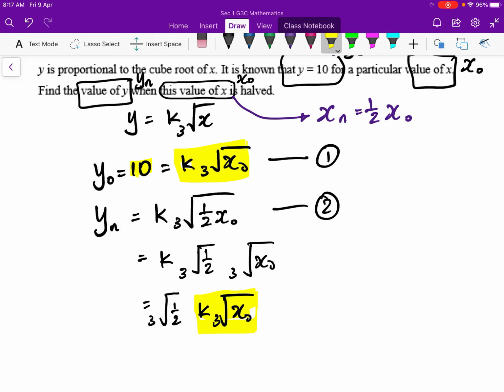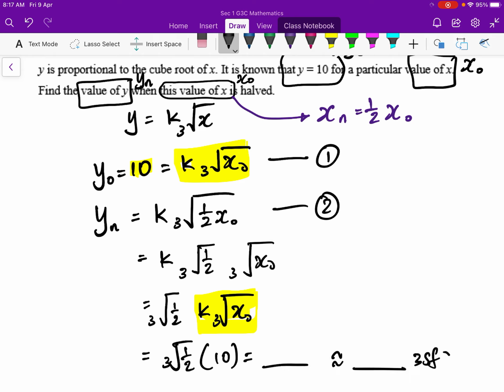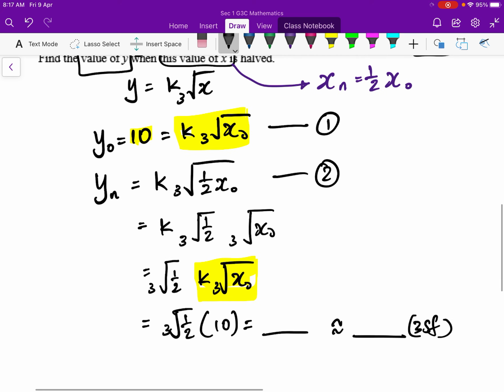It has the value of 10. So this is the cube root of half times 10, and that is our new y value. So use your calculator to find out the value, then round it off to 3 significant figures, which you can do by yourself.